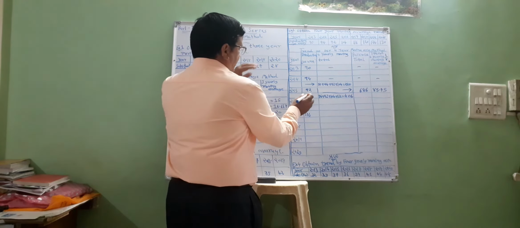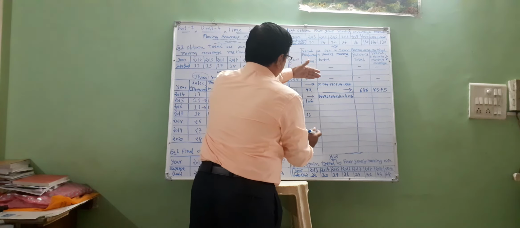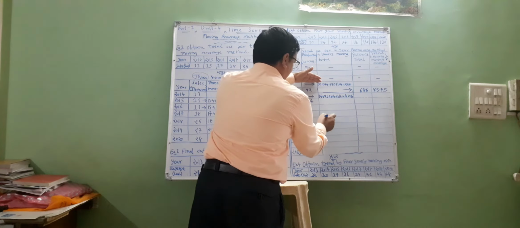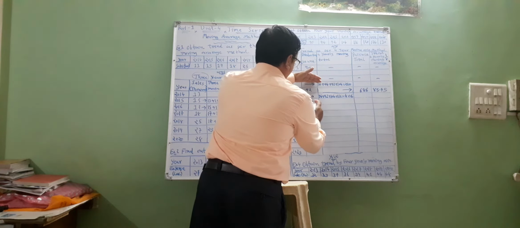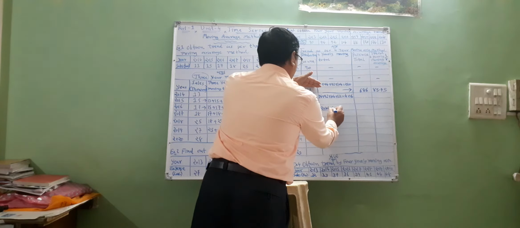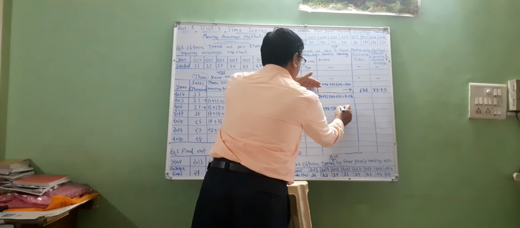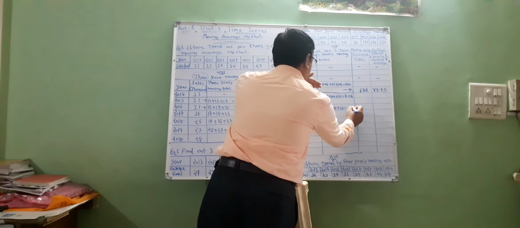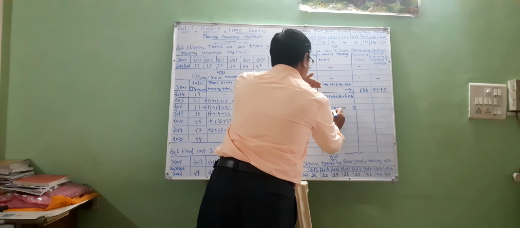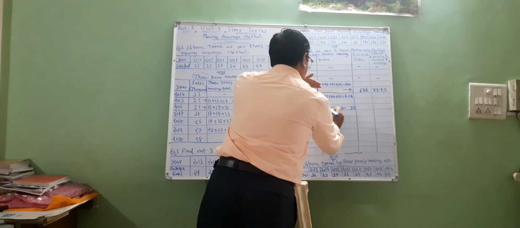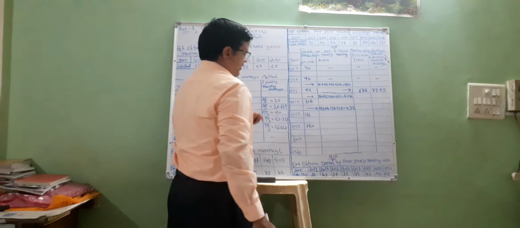Then move on. Now carry on 116, 120. Keep gap continuously in this method. The total of these 4: 92 plus 104 plus 116 plus 120. So the total is 432.